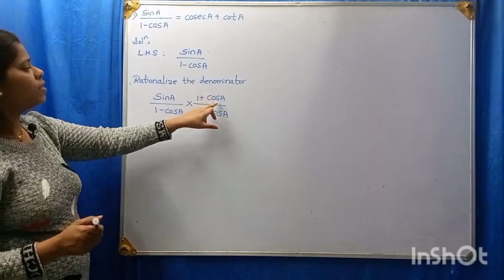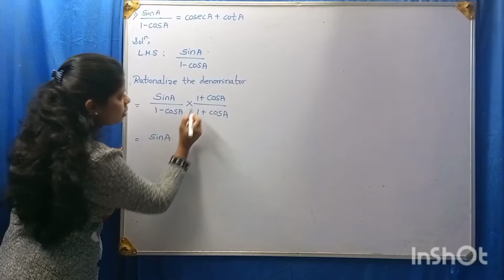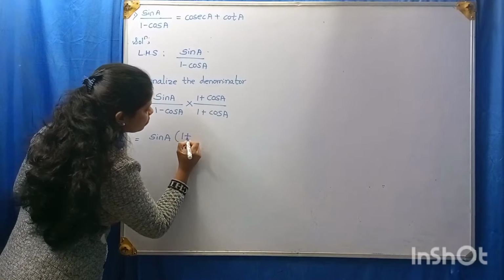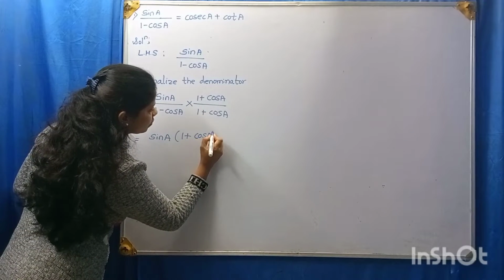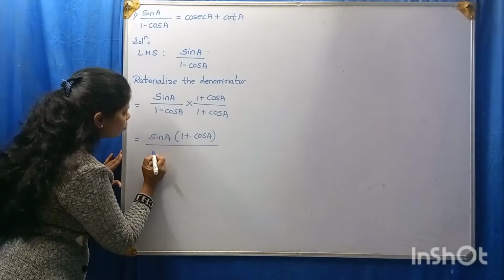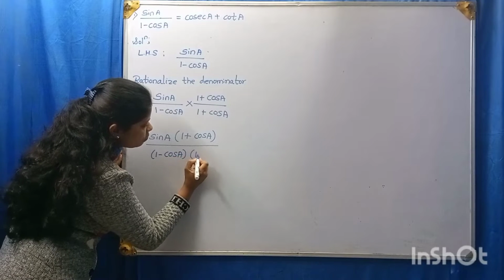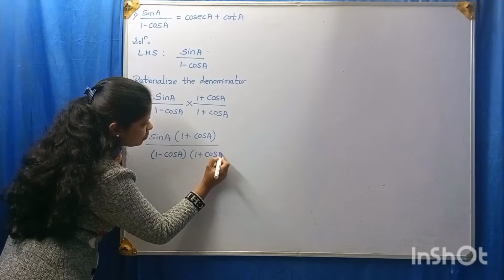Sin A into 1 plus cos A divided by 1 minus cos A into 1 plus cos A.